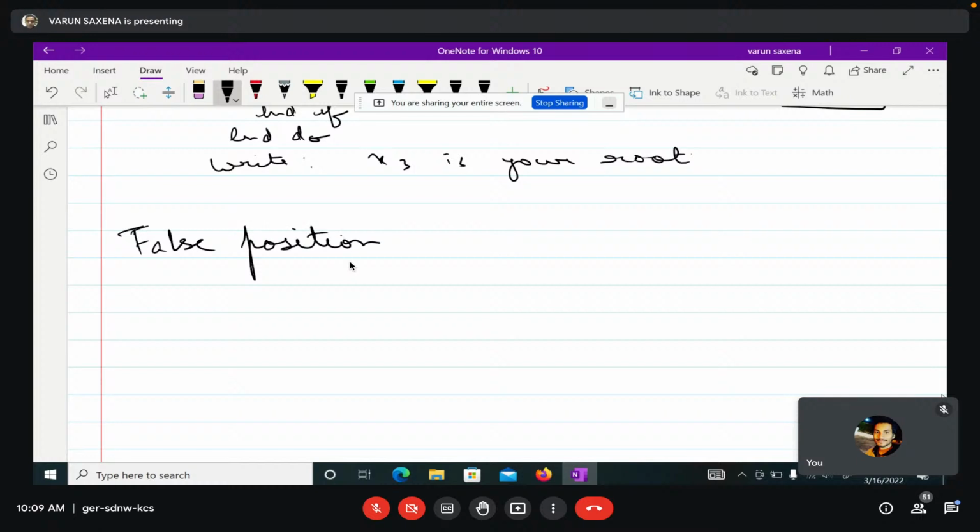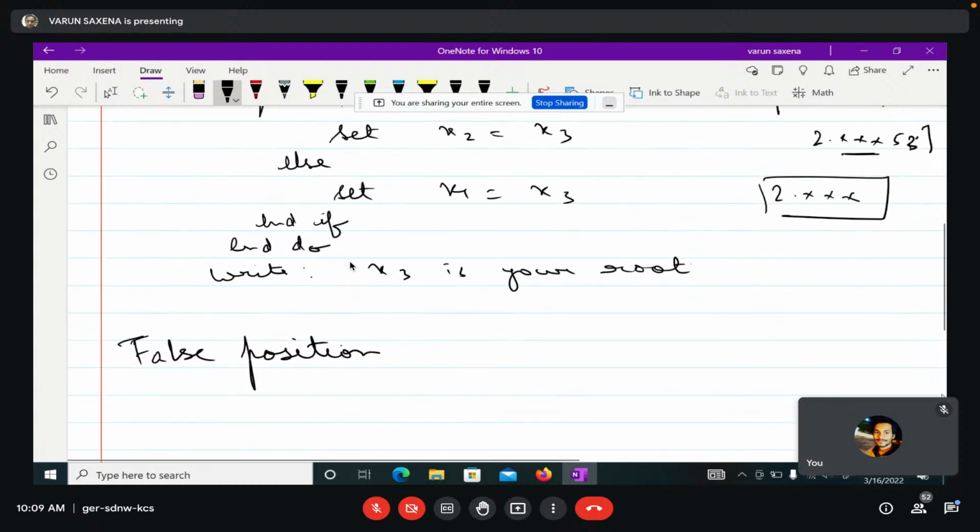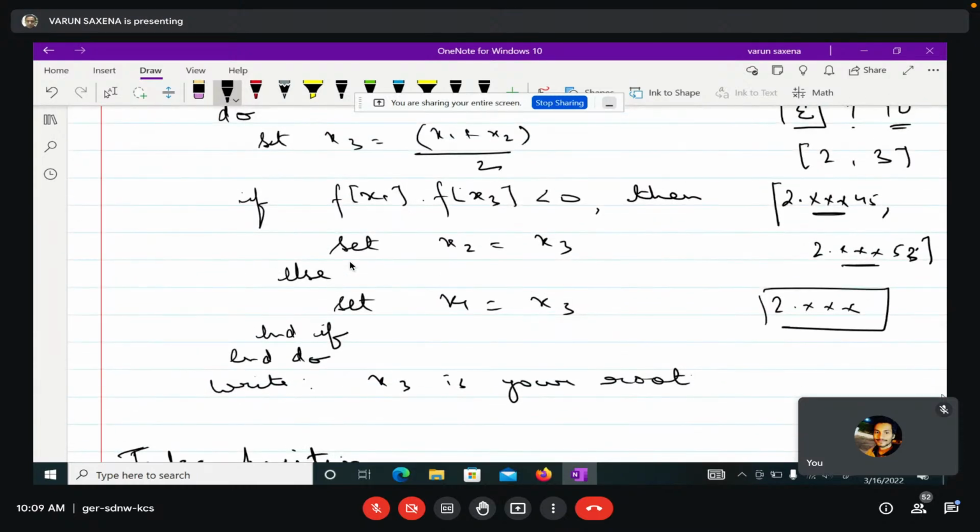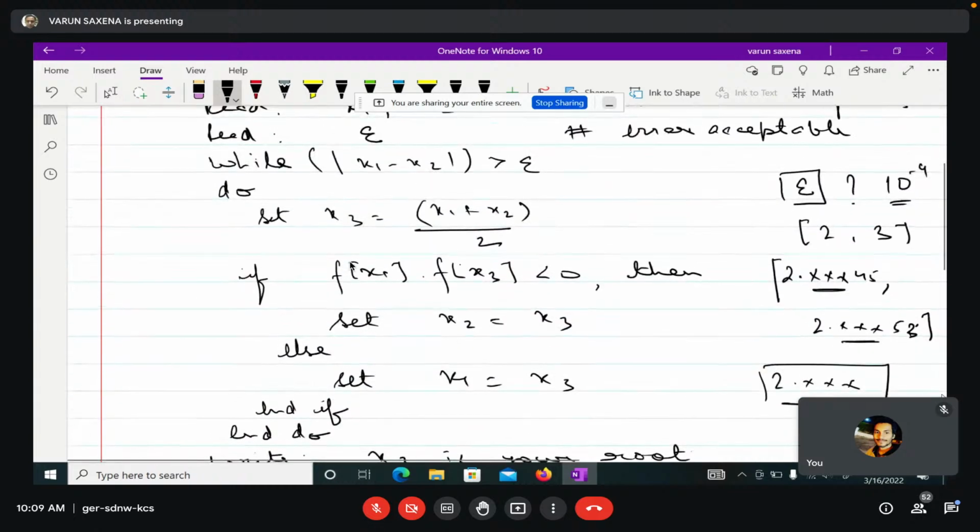So what does end if and end do mean? Basically, end if means that the if loop is ending, and end do means the while loop is ending.